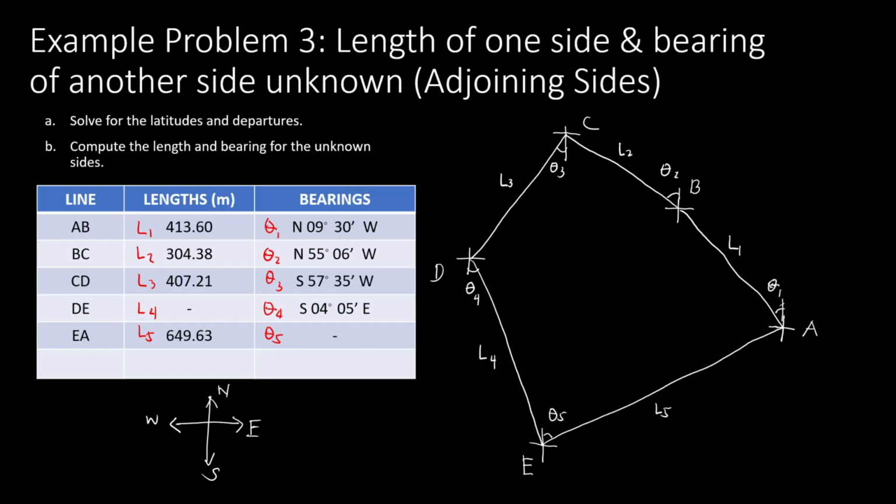Ang gagawin natin dito, since given yung L1, L2, and then L3, pwede natin pagsamahin yung mga yan, and pwede tayong maglagay ng closing line dito, from point D papunta dito sa A. Kunin natin tong length at bearing ng closing line natin dito.